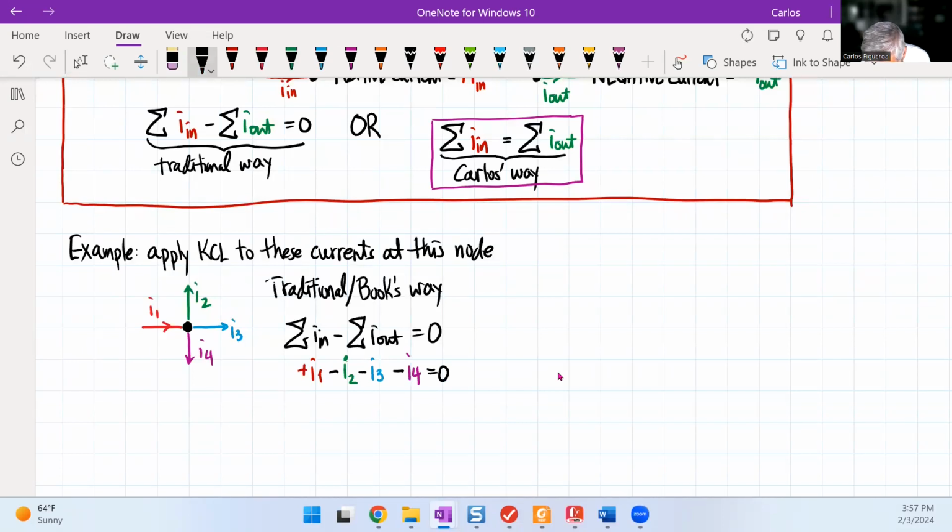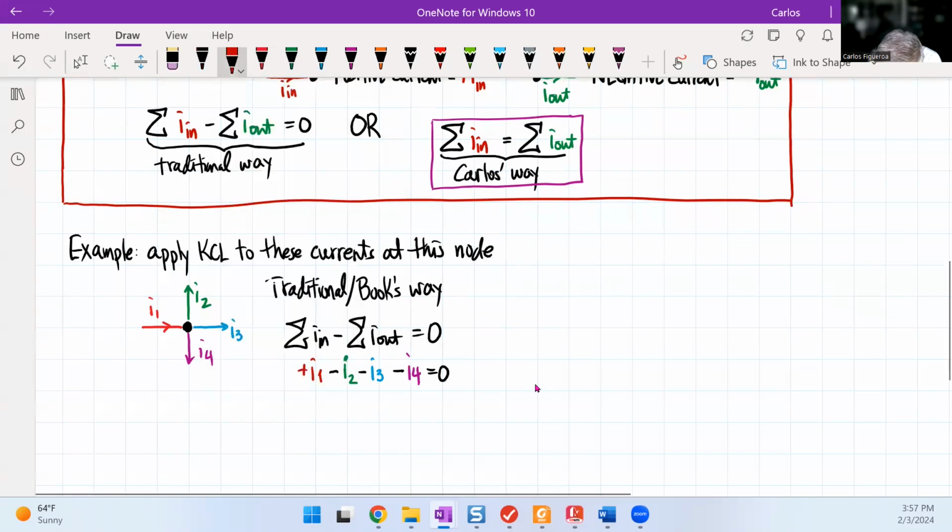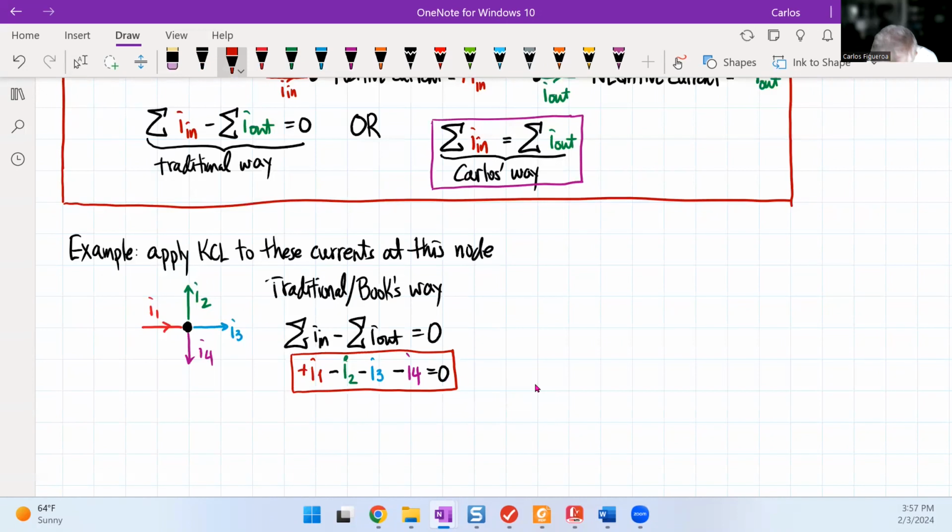Now, this technique, what it does here is that you do have to pay attention to the signs. And furthermore, you're going to find that you're going to have to do some algebra in many situations in order to look at the current that you're actually looking at here.